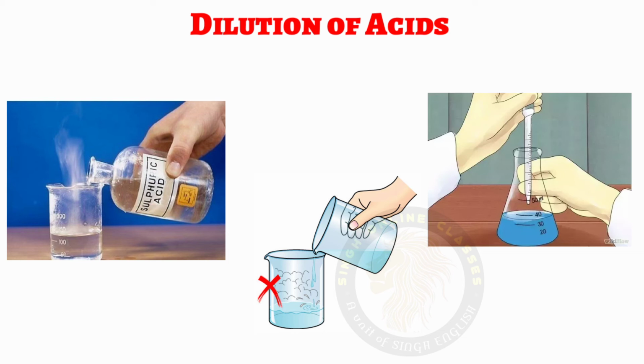So it is highly dangerous. So a concentrated acid should never be diluted by adding water to the acid, but we can dilute it by adding acid gradually to water. In doing so, the small amount of heat produced is safely absorbed by the large volume of water.